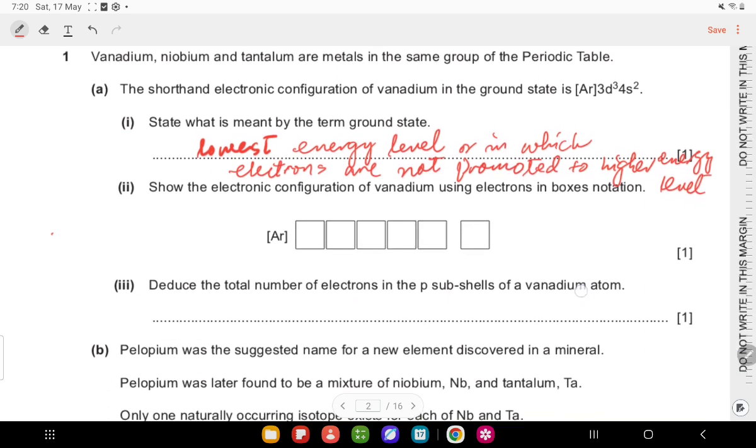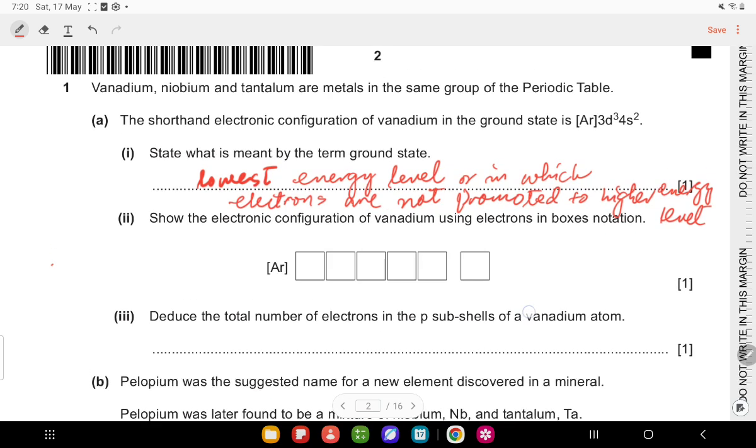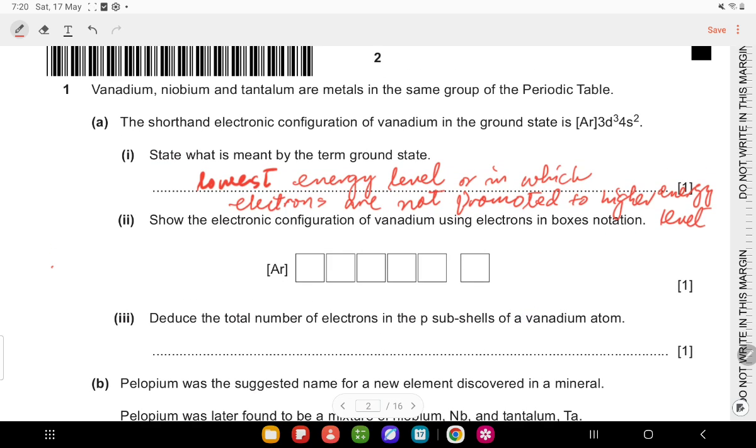Show the electronic configuration of vanadium using electrons in boxes notation. [Ar] 3d3 and this is 4s2.